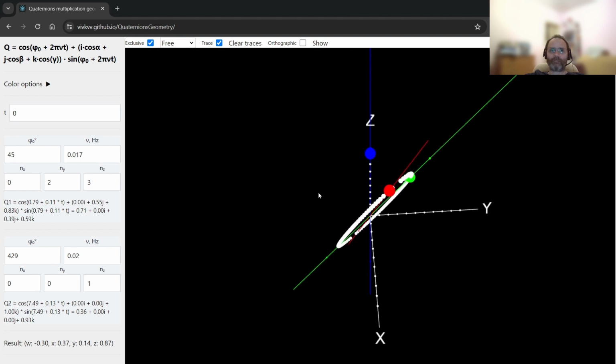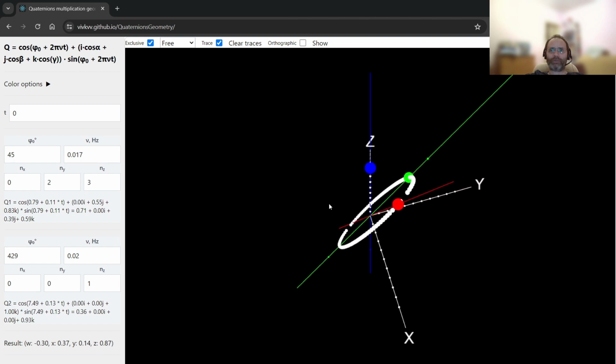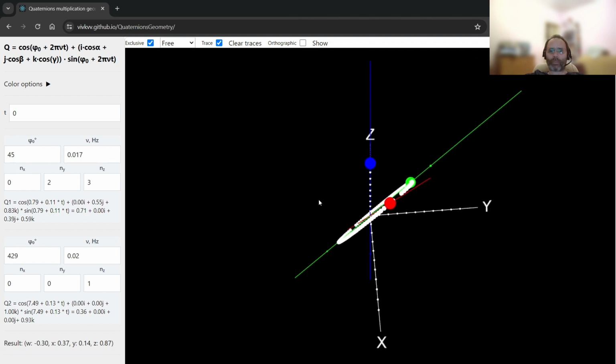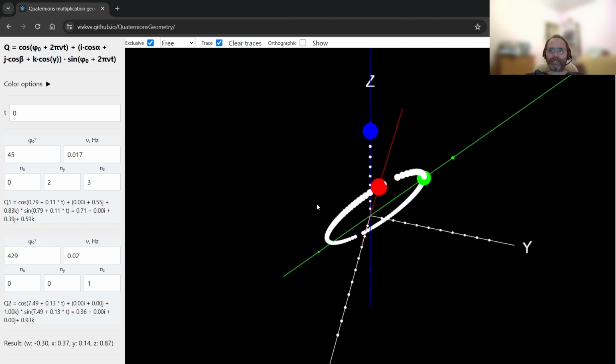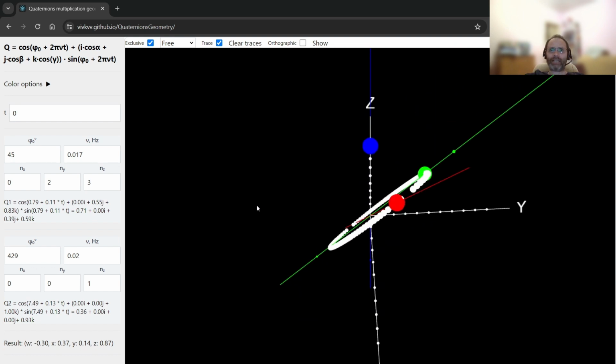Yes, the green axis did not change when we changed the angle of the second quaternion. Well, yes, it seems that this original plane is rotated by the angle set by the first quaternion.